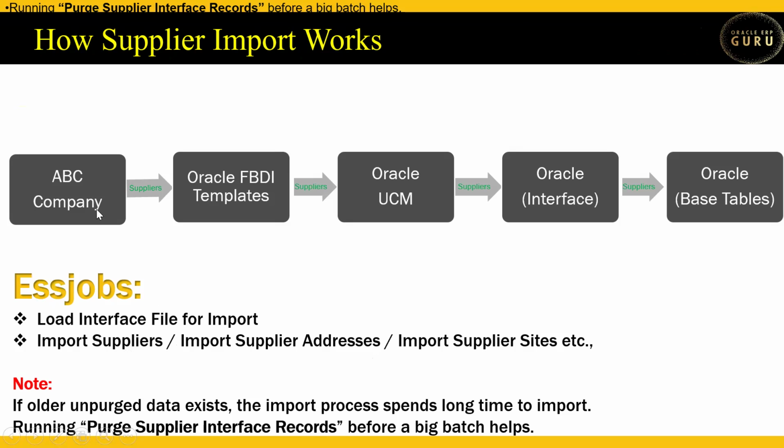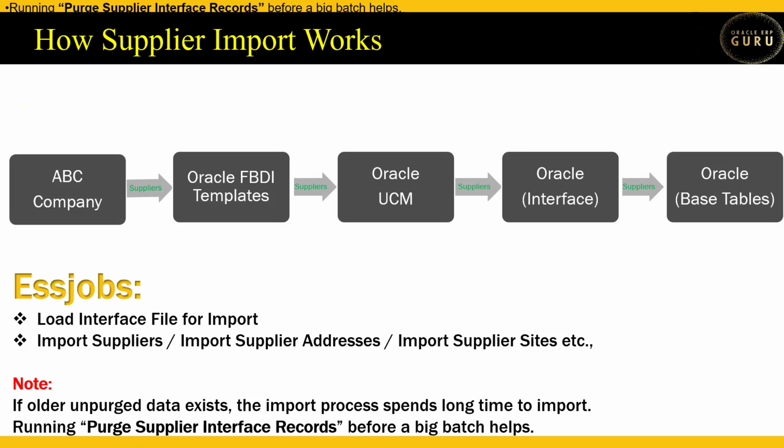Before moving on to this process, I always recommend running the Purge Supplier Interface Records program. This particular job will help us delete all the supplier errors, I mean, any interface records that are available, everything it will clear.